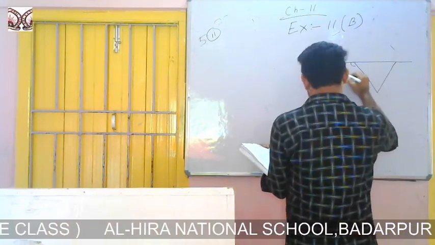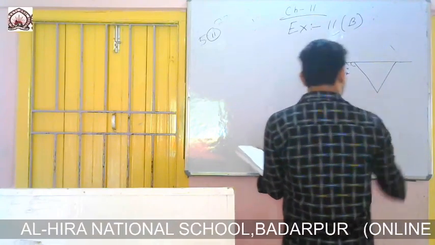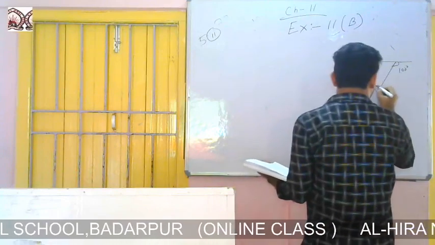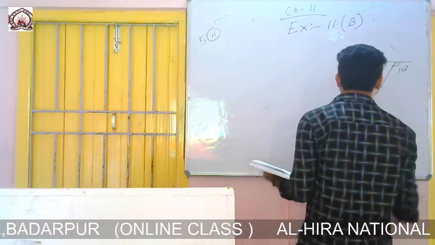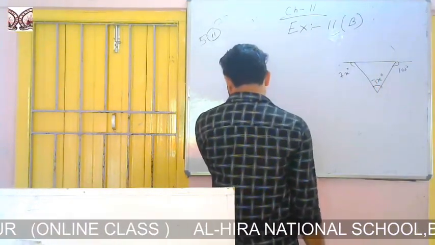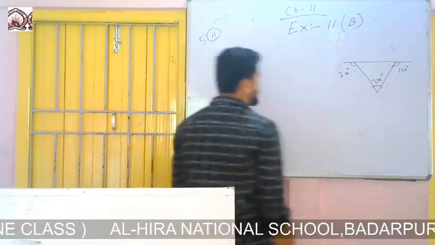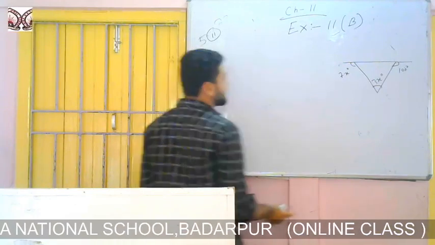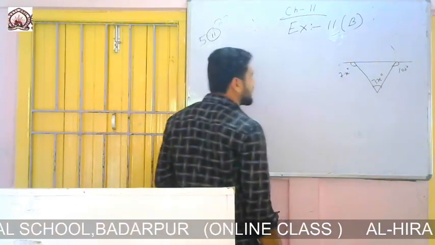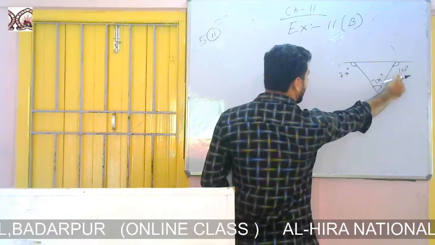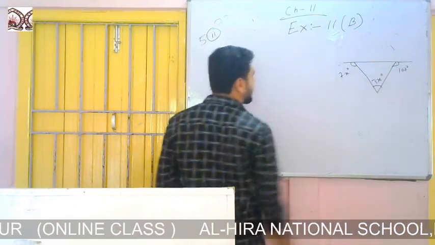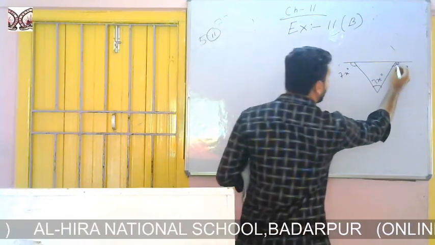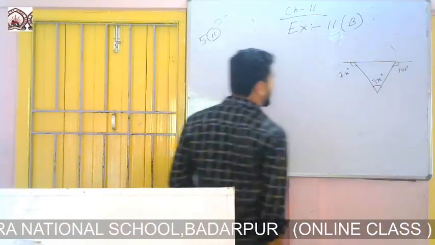This exterior angle is 7x degrees, this one 100 degrees, and this one thrice x degrees. Now we have to find this x degree. This is also an exterior angle, that is also an exterior angle.